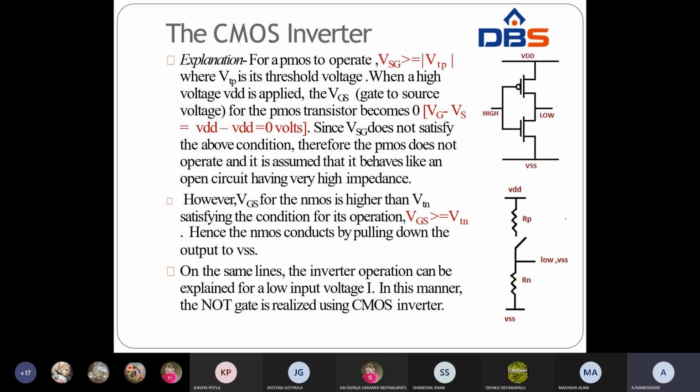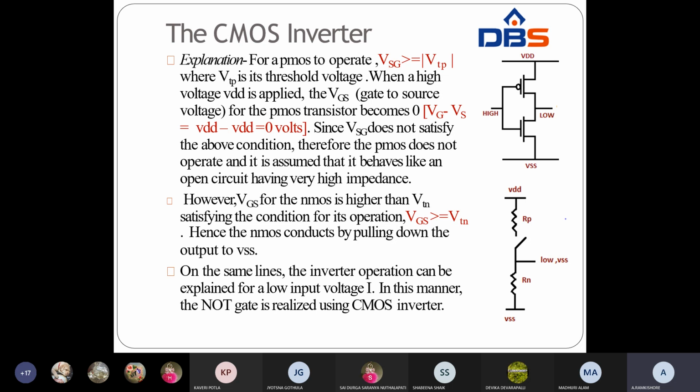For the PMOS to operate, there should be VSG greater than or equal to VTP, where VTP is its threshold voltage. When the high voltage VDD is applied, the source-gate voltage for the PMOS transistor becomes VDD minus VDD, which is equal to 0 volts.